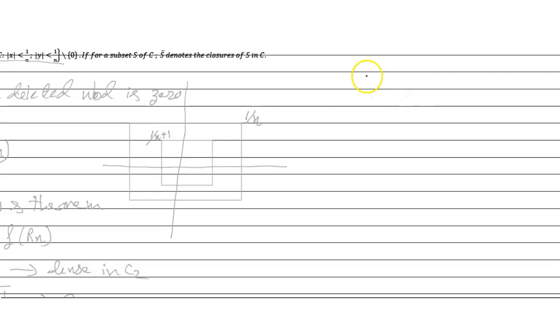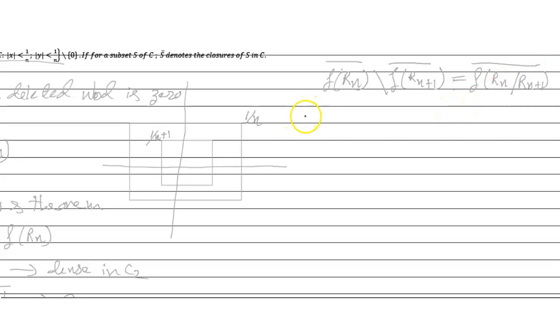Number second, the closure of f(Rn plus 1) equals, in the second question, f(Rn) divided by f(Rn plus 1).